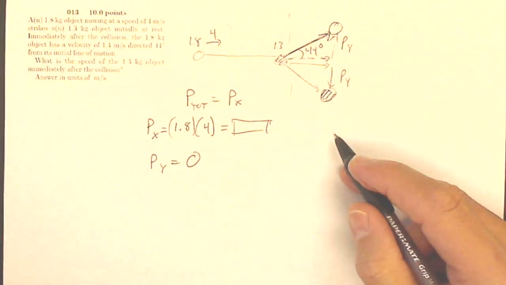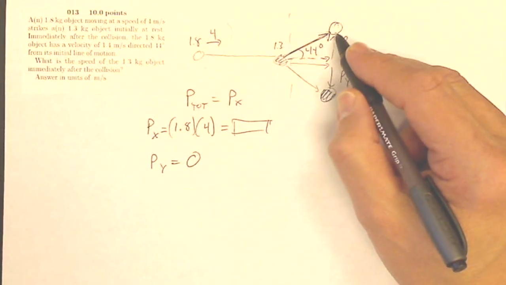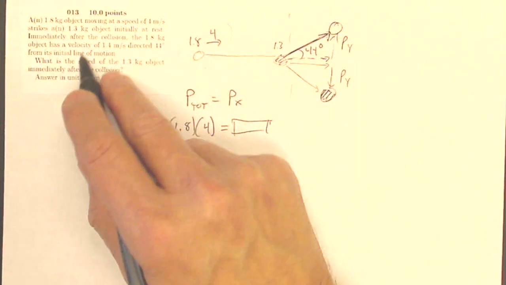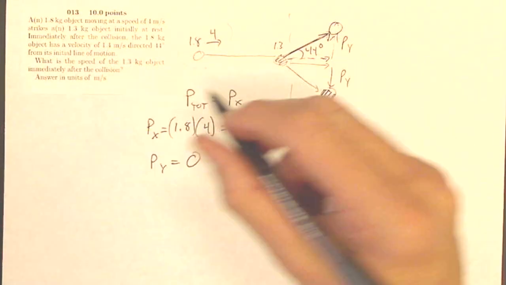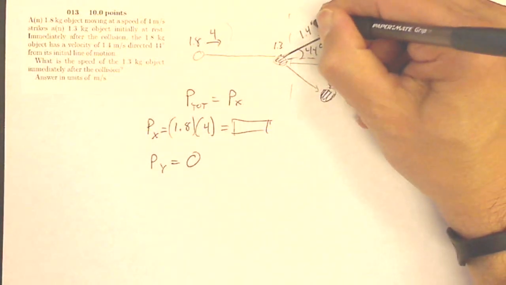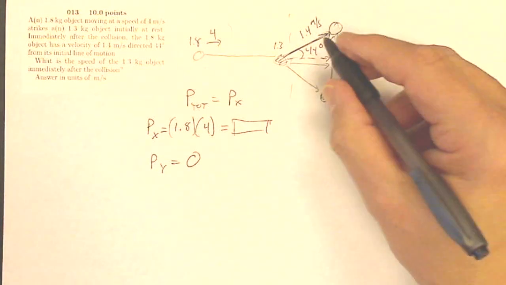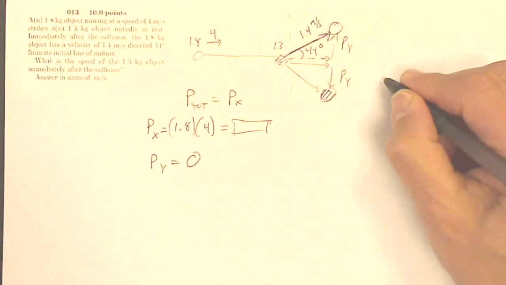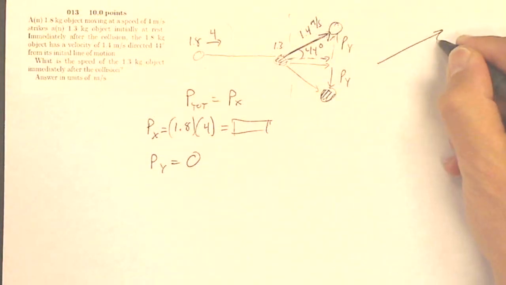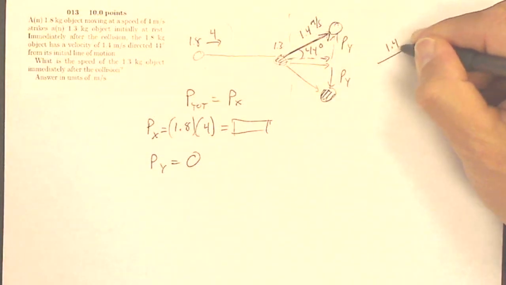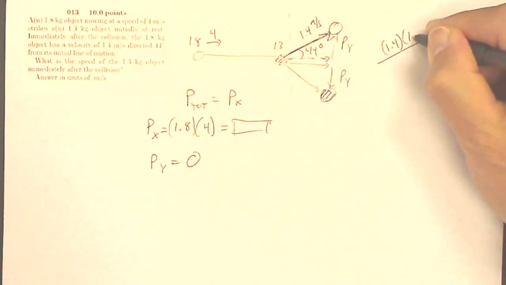That's beforehand. Afterwards, I've got 1.8 kilograms moving at a velocity of 1.4 meters per second. So my total P here, the top one, is going to have a momentum of 1.4 times 1.8.